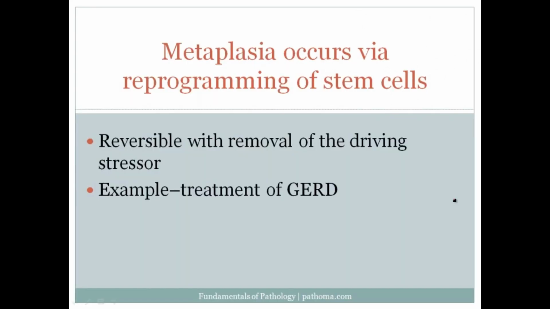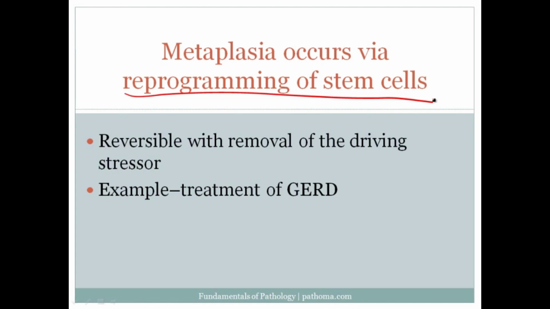Now, the next point concerning metaplasia is how metaplasia occurs. Remember that I told you it's not sufficient to simply know the definition of metaplasia, but you also need to know the mechanism by which it occurs. And the mechanism by which metaplasia occurs is via reprogramming of stem cells. So there are stem cells present, for example, in the lower one-third of the esophagus, and those stem cells have the ability to produce new squamous cells.